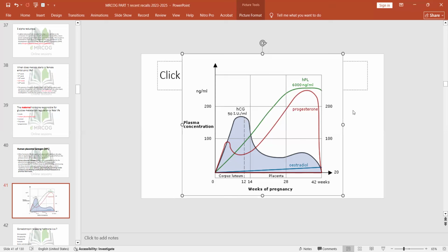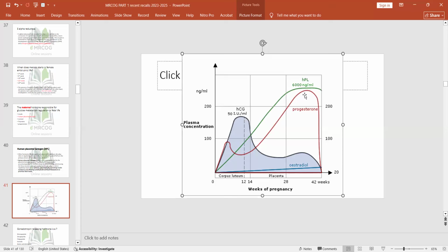The pituitary prolactin, not the placental prolactin. So human placental lactogen here is like placental prolactin, if you want to name it. So it keeps rising until after delivery it drops down.